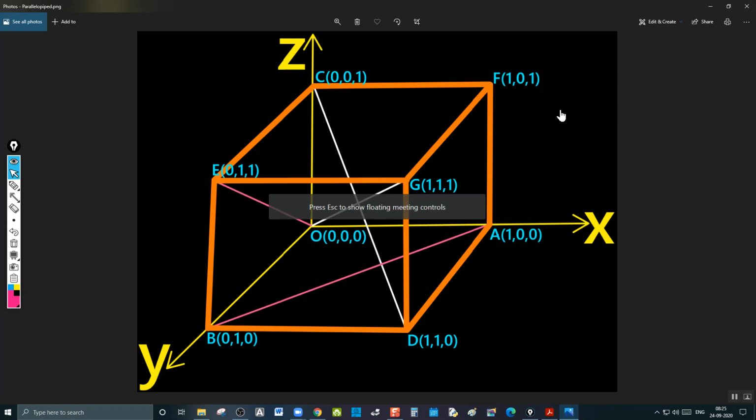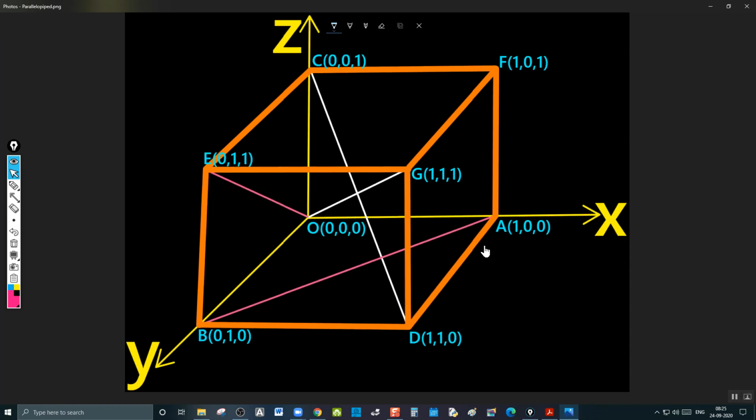Just see this. This is the x-axis, y-axis, z-axis, everyone knows, and it is a unit cube, I must say. It is a unit cube because we need the angles. A clarification here is why we are taking up a unit cube only when we are finding the angle.